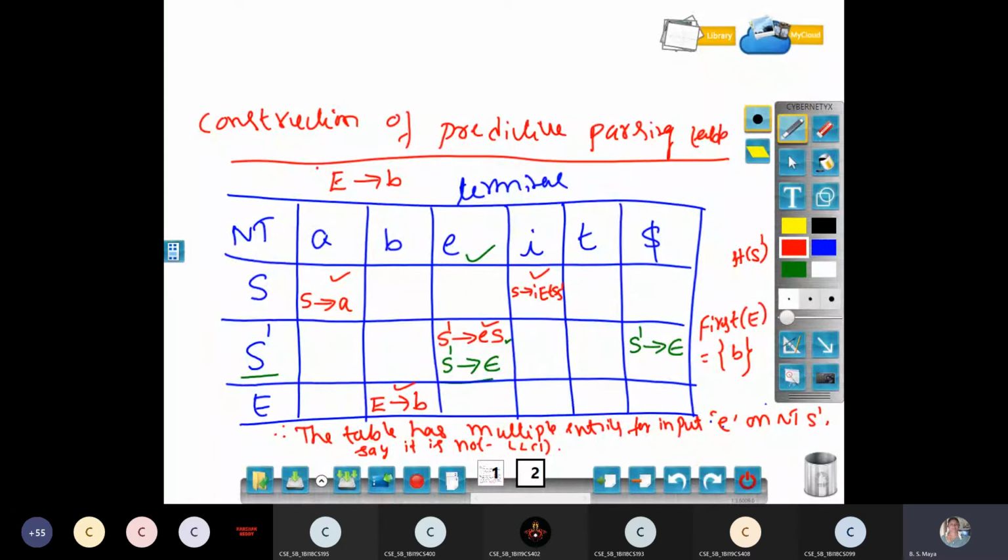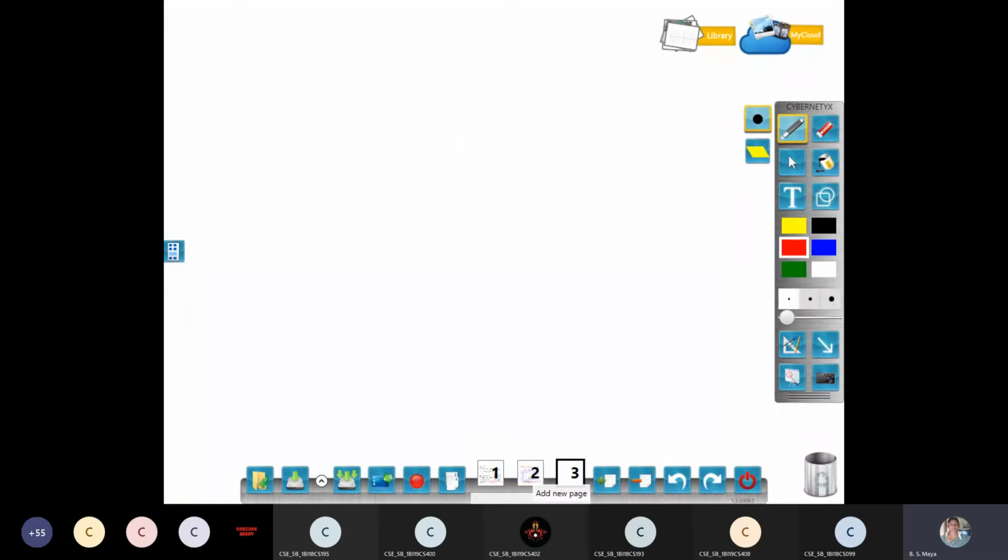Then we can also check the given input for parsing. The parsing can be done by using the predictive parsing table; using it, I have to do a parsing action. For the parsing action, we take 4 columns.